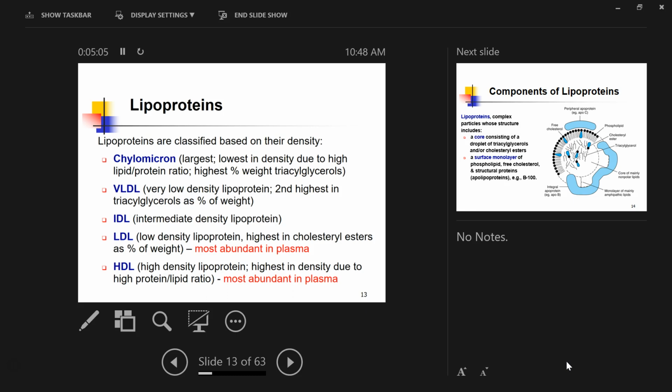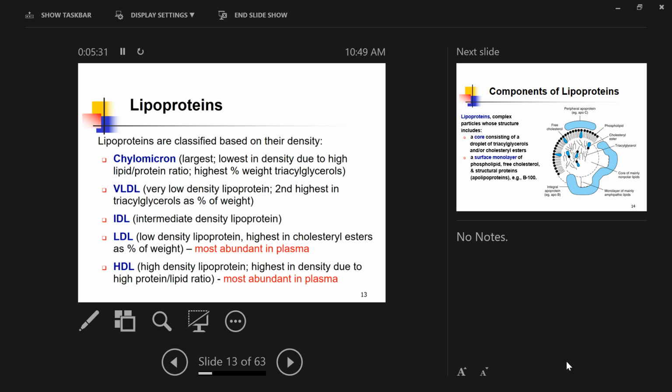So we have chylomicron, VLDL, very low density lipoprotein, intermediate density lipoprotein IDL, LDL, low density lipoprotein, and HDL, high density lipoprotein.